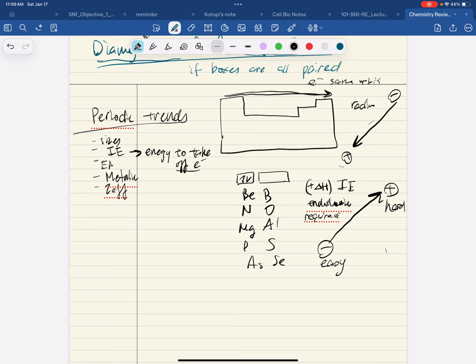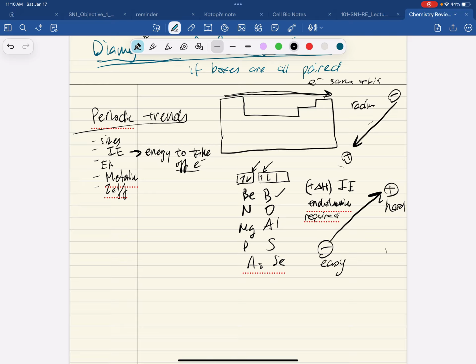If we have a 2p orbital that is singly occupied, it's actually easier to take off this one. So then the trend will be that B, the boron, will be easier to take off than Be. So in this case, it's the opposite trend. Because it is singly occupied in the 2p, the boron is easier than beryllium.